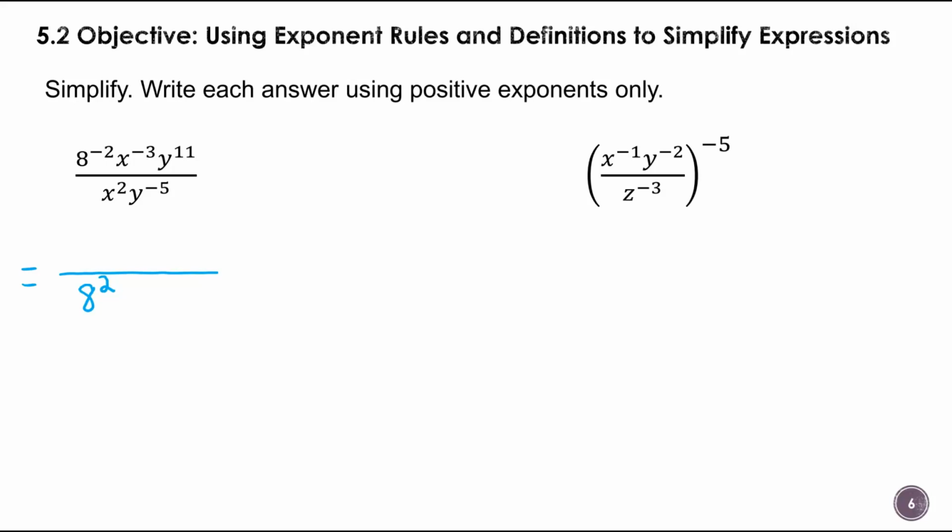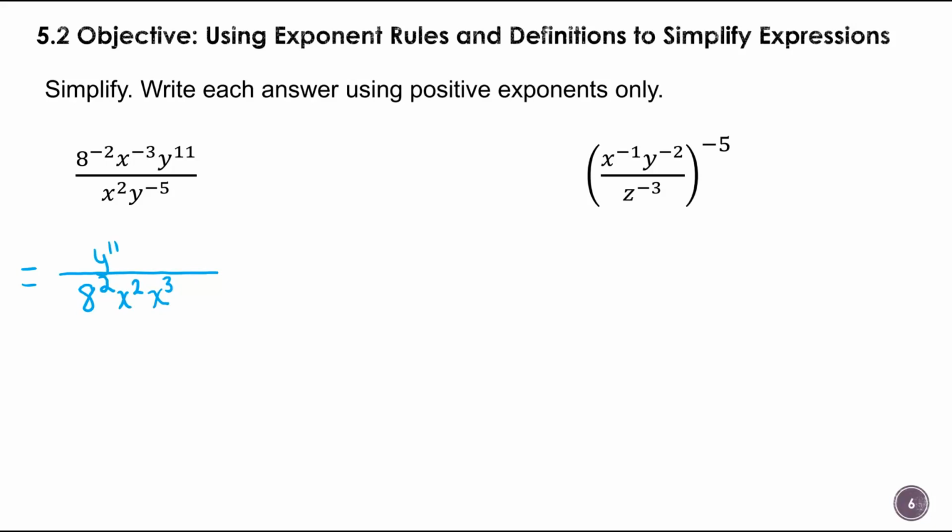The x squared stays because it already has a positive exponent, but x to the negative 3 goes to the denominator, and that's a positive 3. And then my y to the 11th stays because the exponent is positive already.